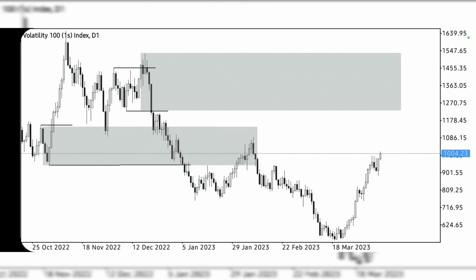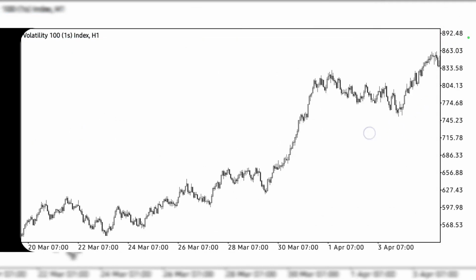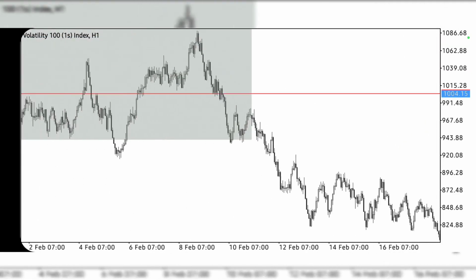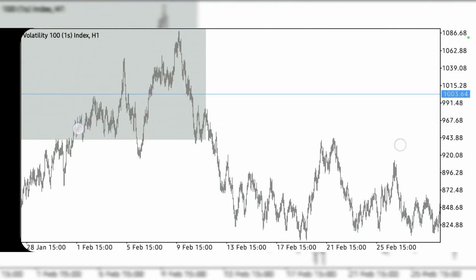So you need to mark out your secondary area of interest, mark out your primary area of interest, and then trade based on confirmation. Now when the market got to this secondary area of interest, the 1 hour gave us a good confirmation, and it gave a good re-entry.